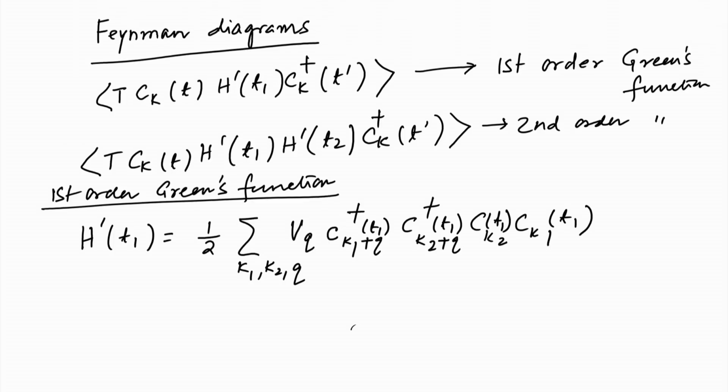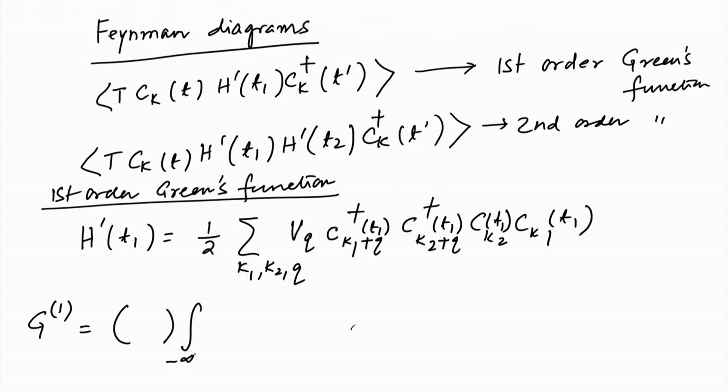Then the Green's function can be written as, because it is a first order Green's function, I will write it with a G with a superscript inside the bracket as 1. Now, I will leave this bracket to be filled in later, where there will be powers of i that will come in. i means the square root of minus 1, and maybe other factors such as minus 1, but we will take that into account.